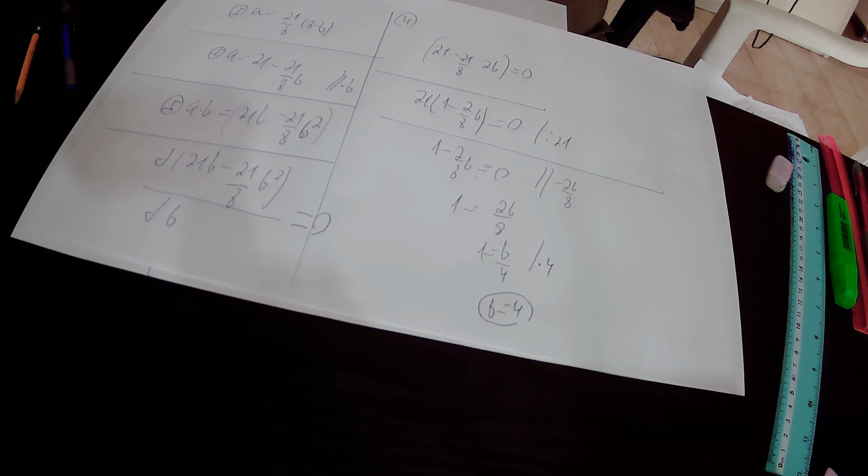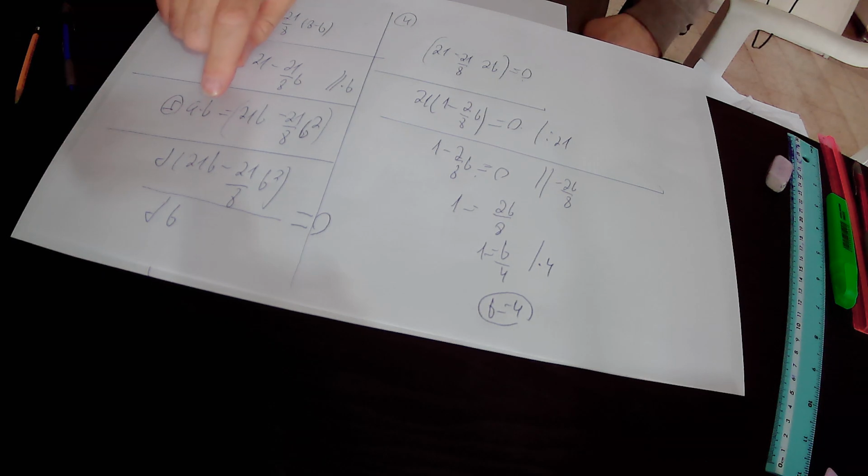Okay, so we differentiate this area function, 21B minus 21 over 8 B squared, with respect to the variable B, and we equate this derivative to 0.